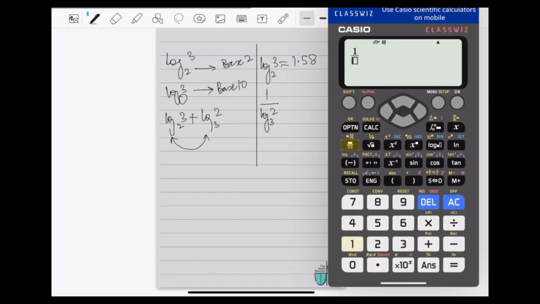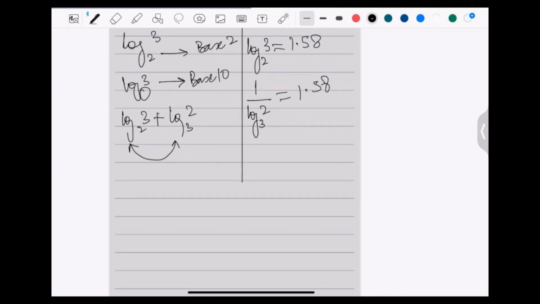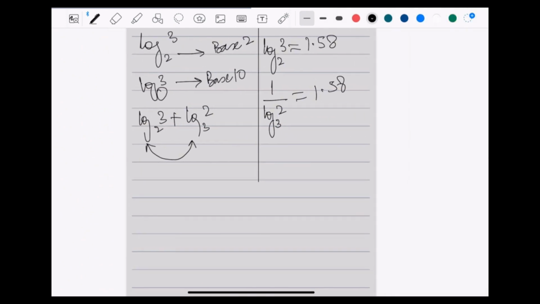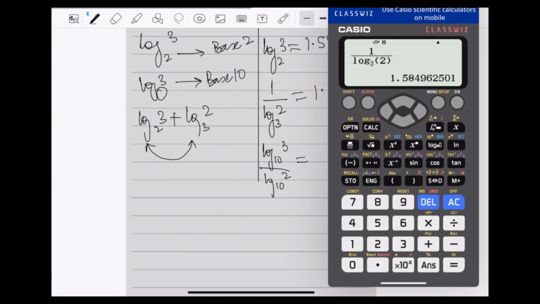So 1 over log 3 of 2 will give you the same value as the previous one, 1.58. Not only that, you can also split them and introduce a third log, which is, let's say, log 10 of 3 over log 10 of 2. It gives you the same value.